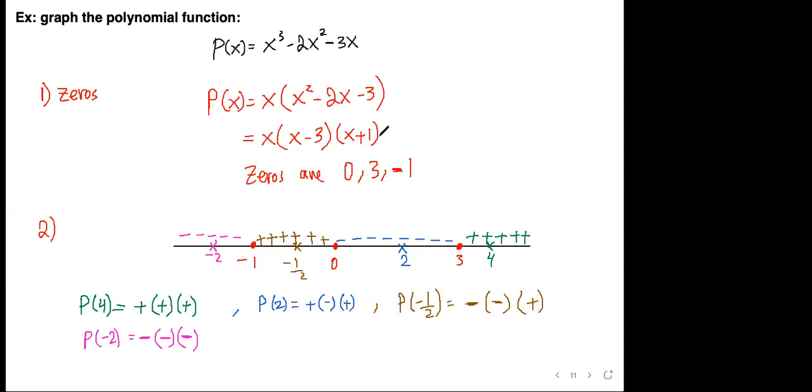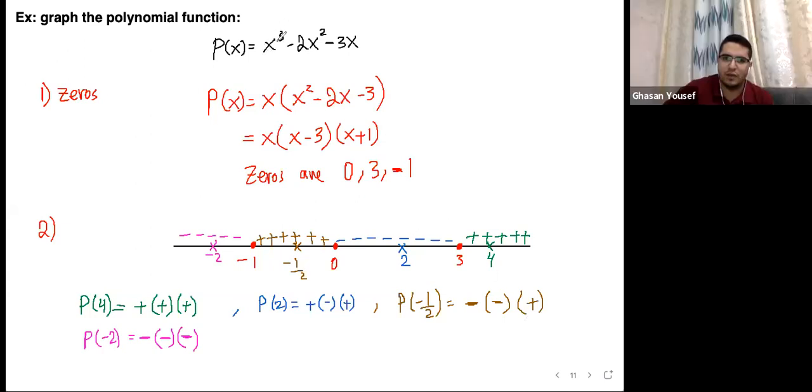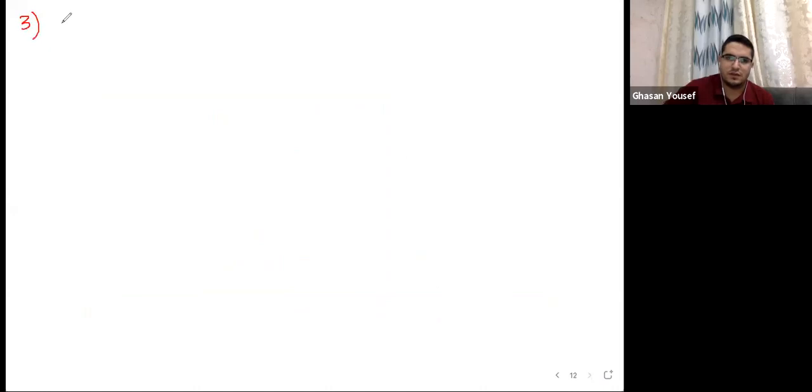Oh, x cubed. X cubed, yes. This is the leading term, 1x cubed.